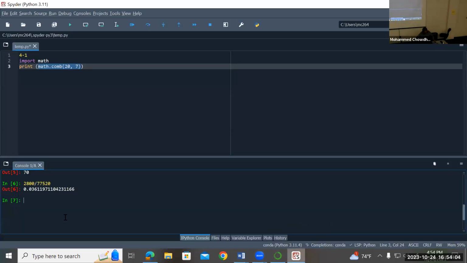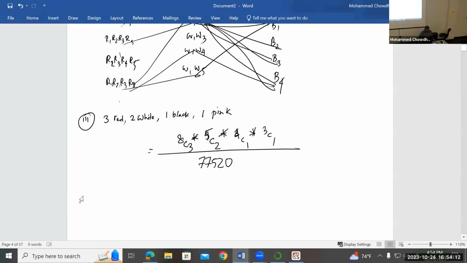Eight choose 3. Let me find 8 choose 3. That is equal to 56. This is equal to 10. That is equal to 4.